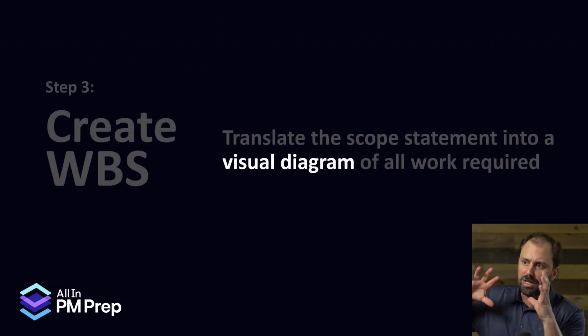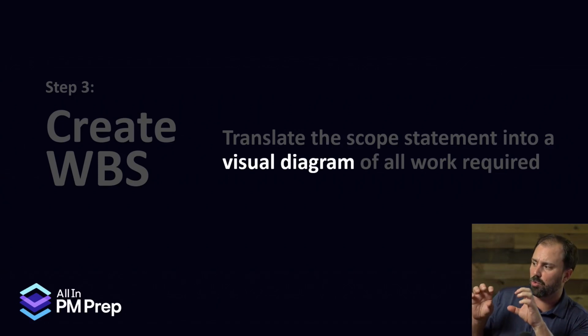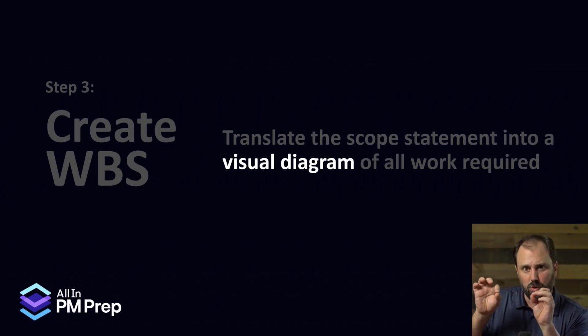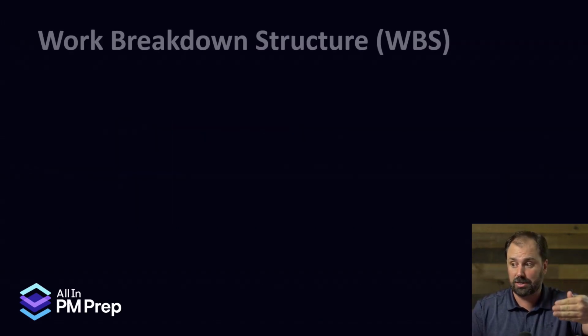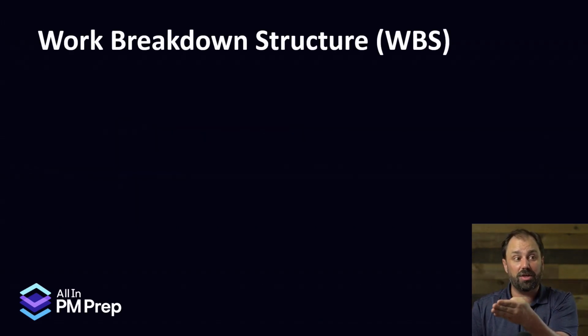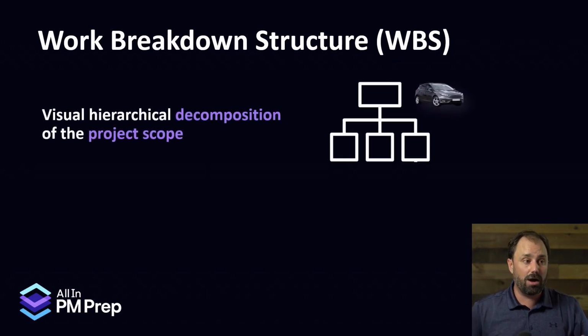So, as we look at that create WBS, there's another word I want to nail down, a visual diagram. Scope statement is the written diagram. We need a visual representation. The way we do that is with a thing called the WBS, or work breakdown structure, okay? Now, I see this picture, it's a visual hierarchical decomposition of the product scope. Those are fancy words. Let me say it in Scott's simple words.